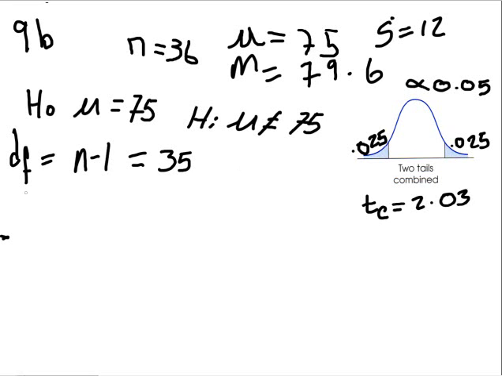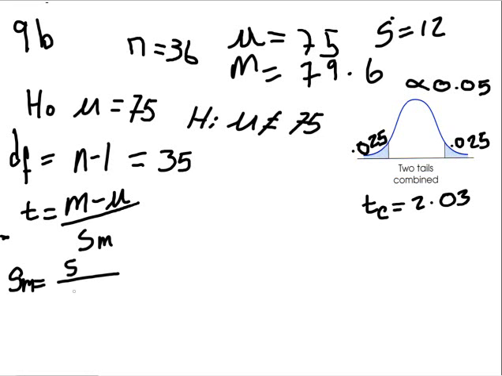Okay, so we'll come over here. t equals M minus mu divided by s sub M. All right, so first we need to calculate s_M equals the standard deviation of the sample over the square root of n.